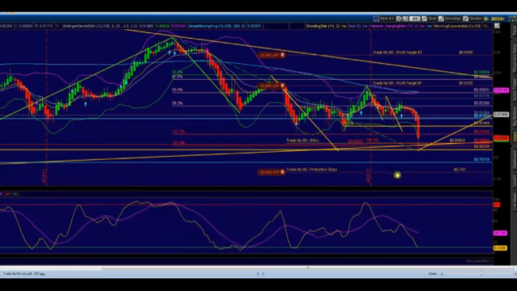Which was a butterfly pattern completion at this level here, whose ratios confirmed at the 127.2% extension of this particular XA leg, whose AB extension at 1.618 confirmed that once price hit this level, it would be a high probability level to enter at.